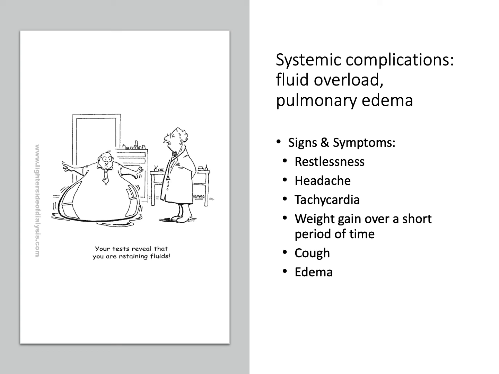For a post-op patient, you would expect their IV to be running for an adult anywhere from 75 mils per hour to maybe a little over 100.